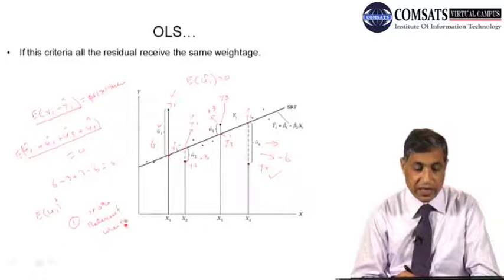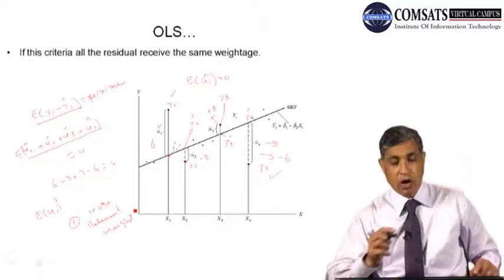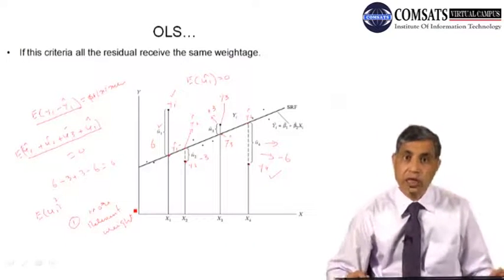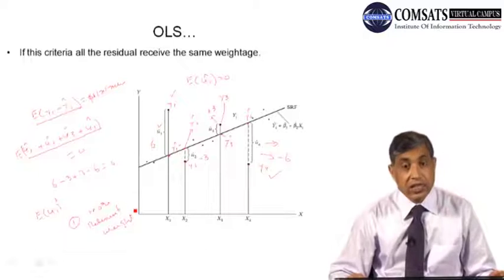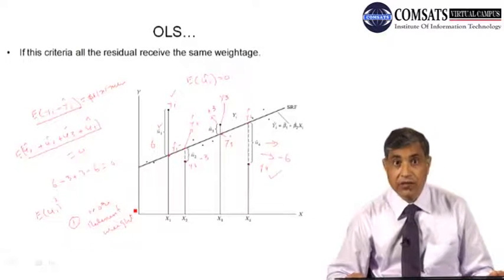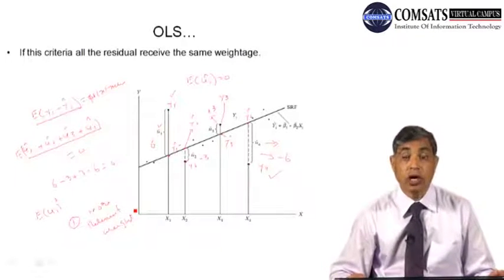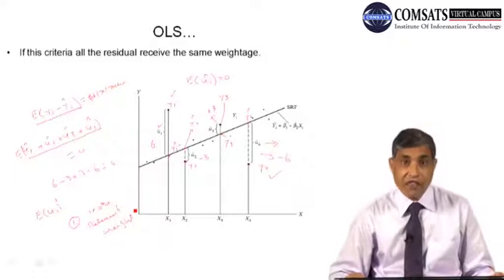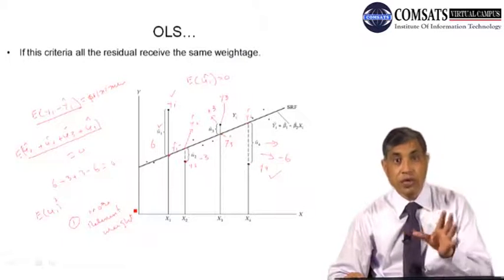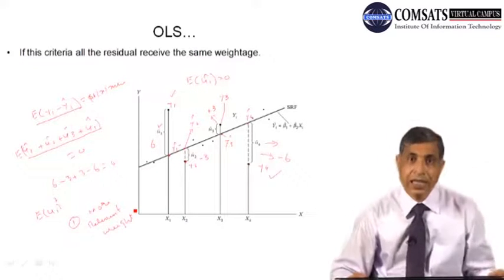When there is squaring, for example, 6 and 3 have a difference of only 3. But if we square, 6 will become 36 and 3 will become 9, and now there will be a difference of 27. What this means is we have given more weightage to the values that were away from the regression line.